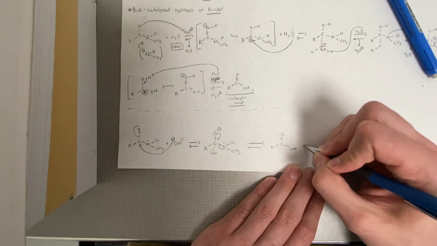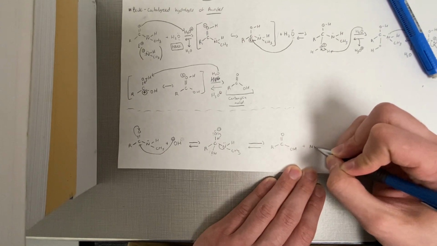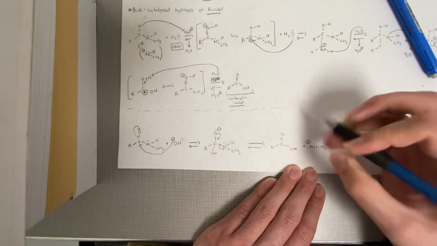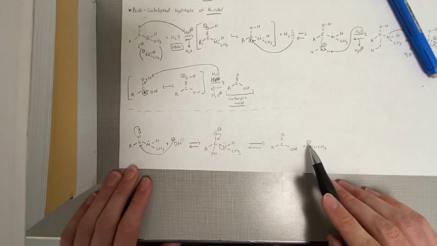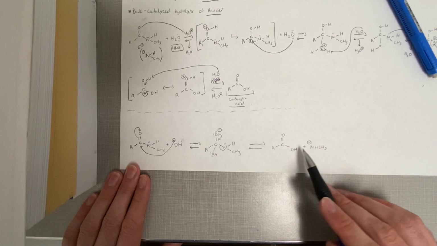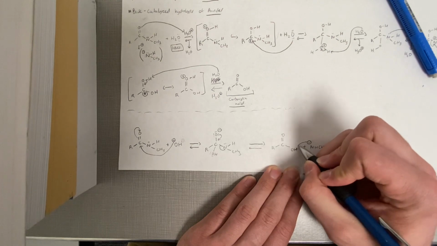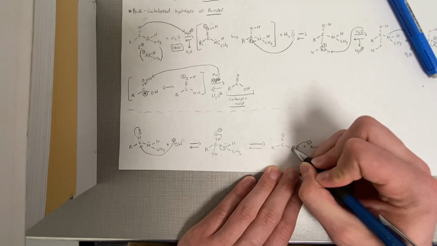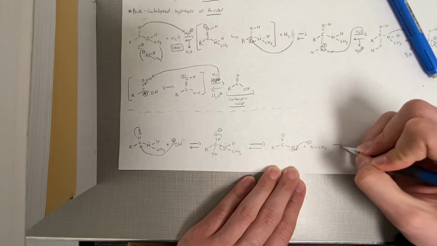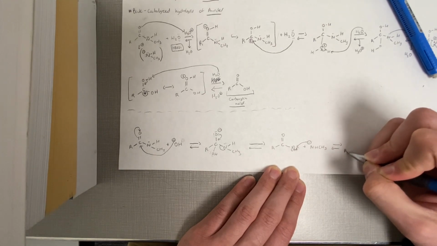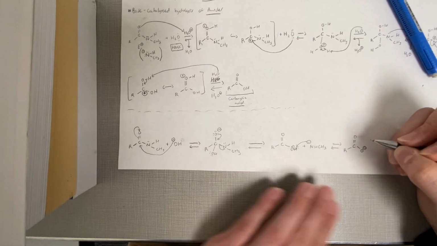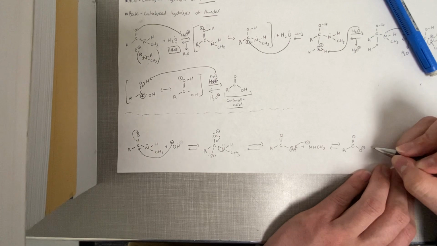And you'll see why, because we obtain this nitrogen that is negative, and it's going to react in an acid-base reaction with this carboxylic acid, taking its hydrogen, and then this bond is going to go on the oxygen, making it a carboxylate anion, sorry.